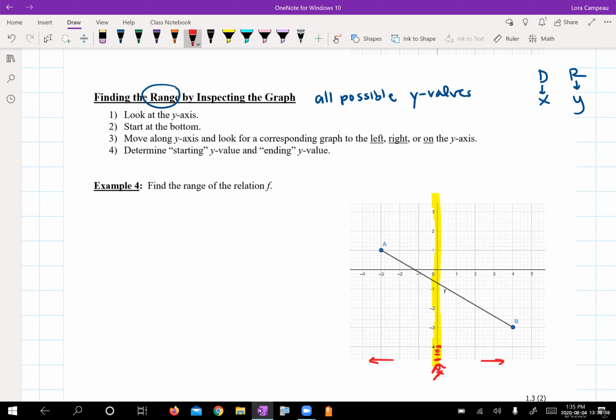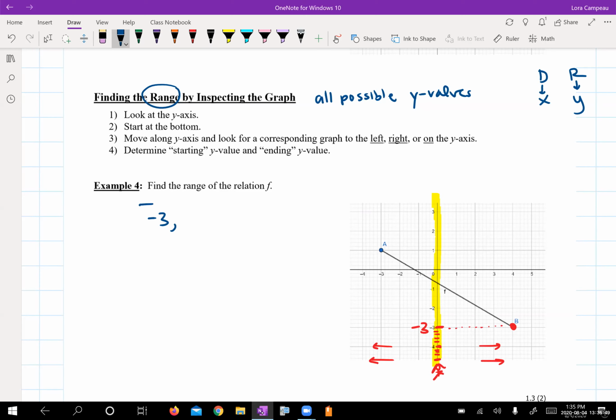At y equals -4, do you see a picture to the right or the left of you? We still don't. So keep going, keep walking along, or climbing, I guess, in this case. And all of a sudden, at y equals -3, we finally see a corresponding picture. We see a corresponding x value, probably at 4. So we now have that starting value for the range.